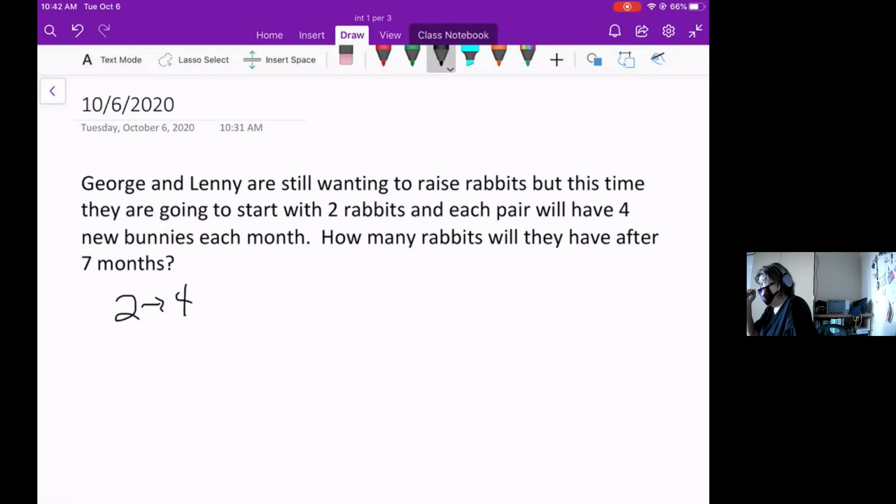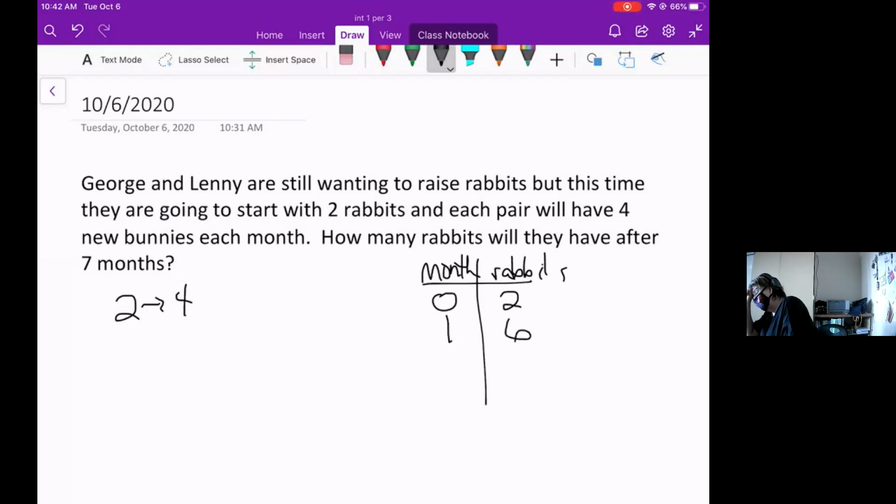What's 2 plus 4? 6. I'm going to make a table here. So this is month and rabbits. Okay. So at 0 months, they had 2 rabbits. At the end of the first month, they now have 6 rabbits, right?